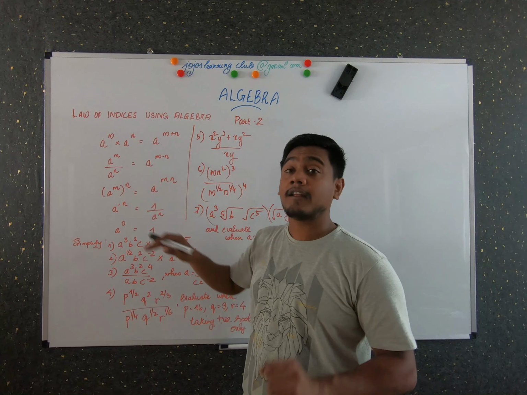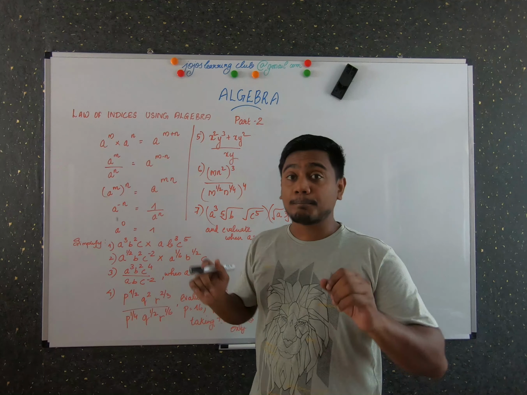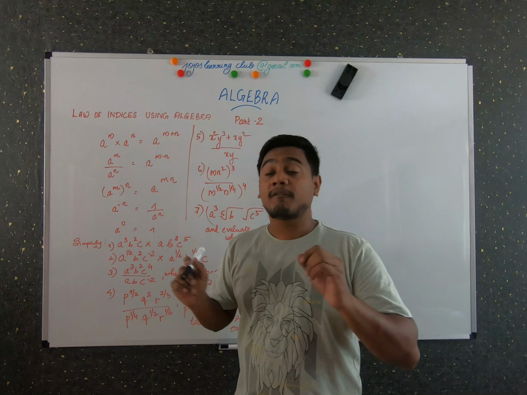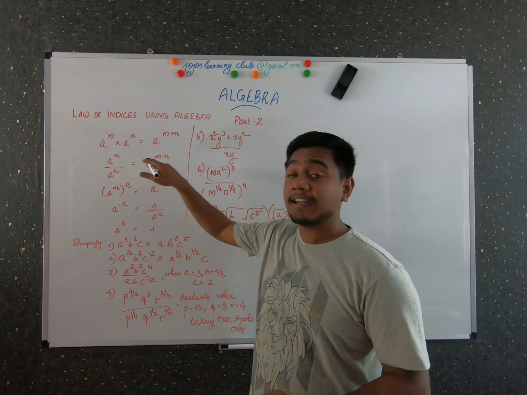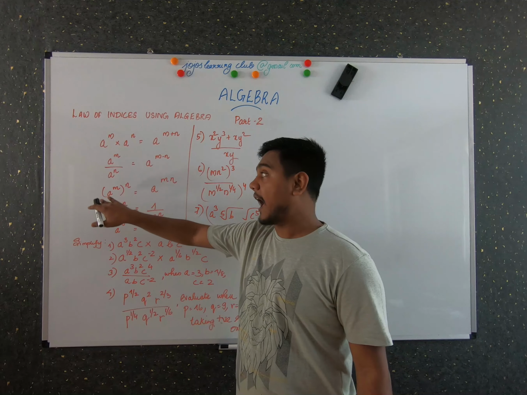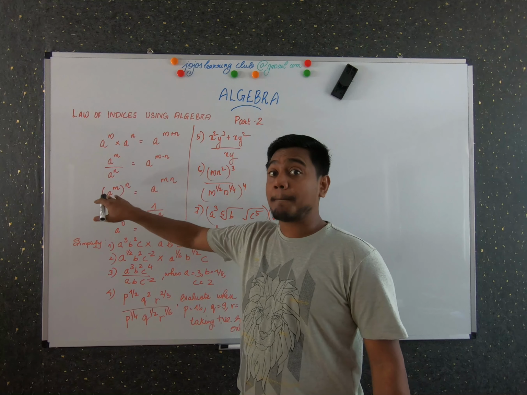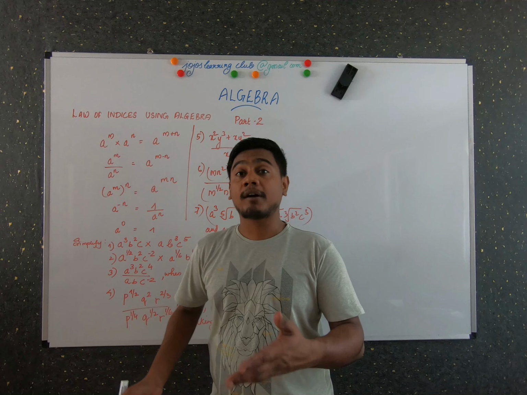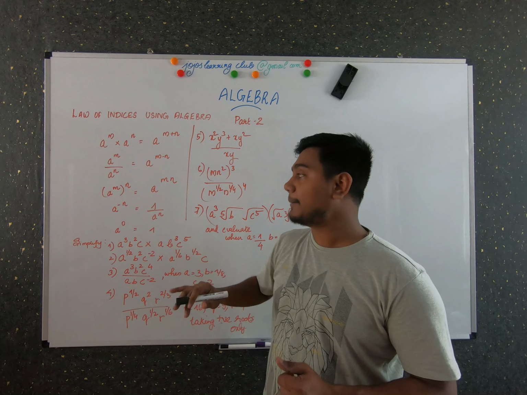For the second one, when you have numbers with the same base and they are divided, then their index values are subtracted. When you have a base raised to some power which is further raised to some power, then these are multiplied.